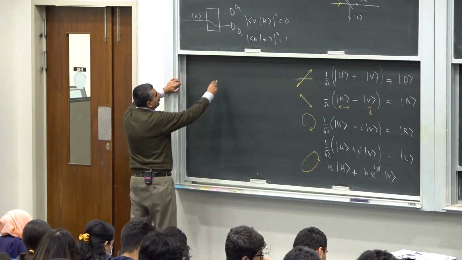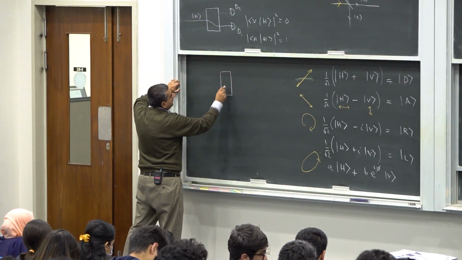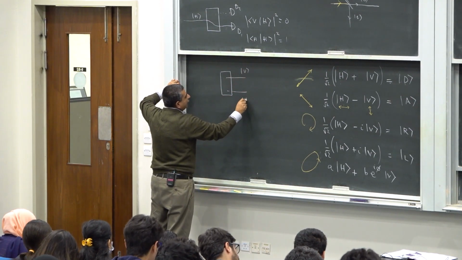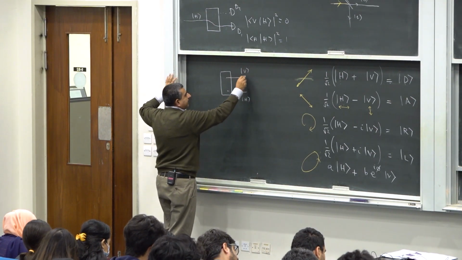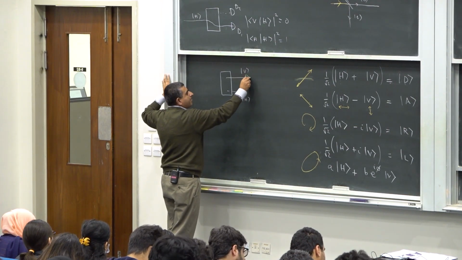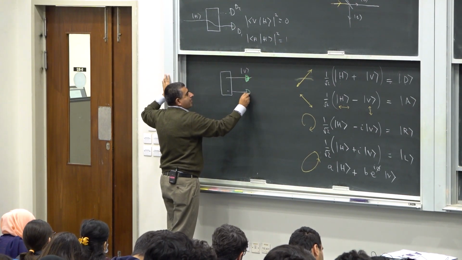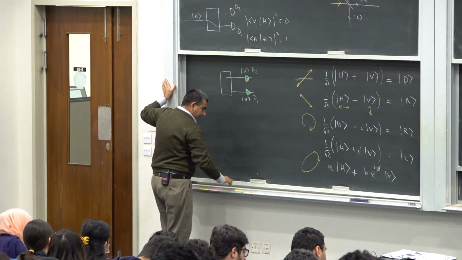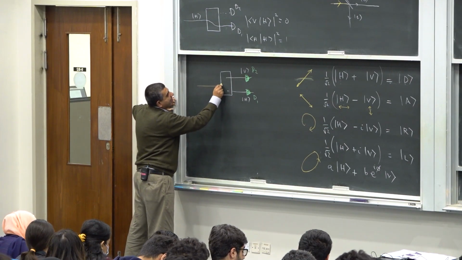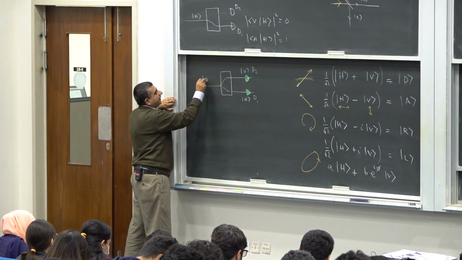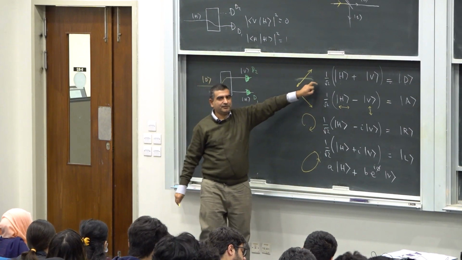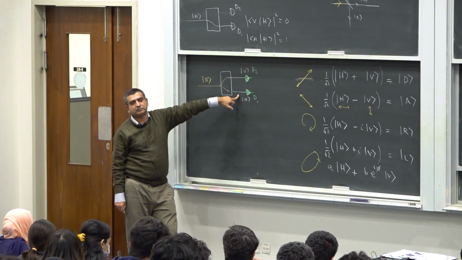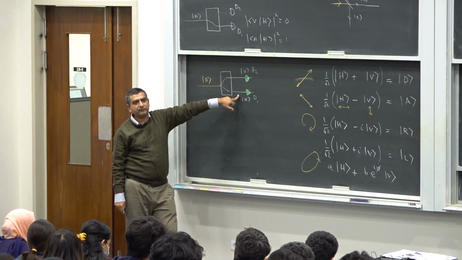Now if in my polarizing beam splitter I have a ket V channel and a ket H output channel, my detectors D1 and D2, and I were to input a state ket D, which is this state, what's the probability that D1 clicks? Half.